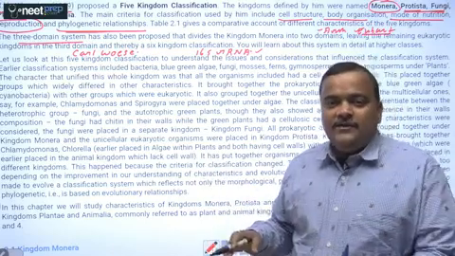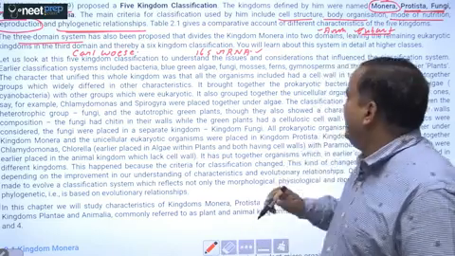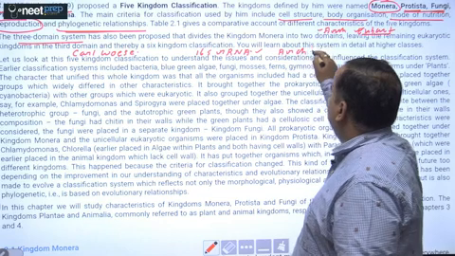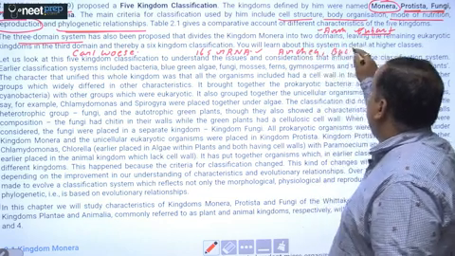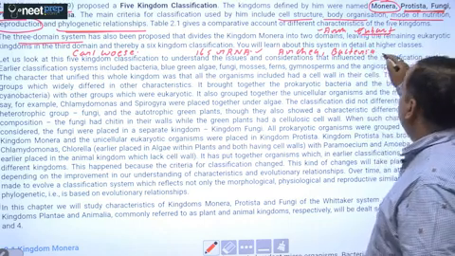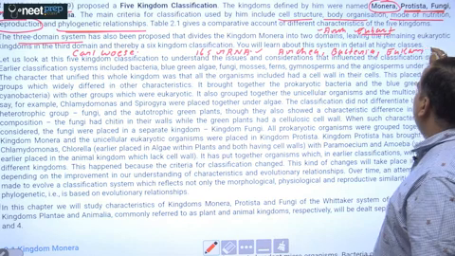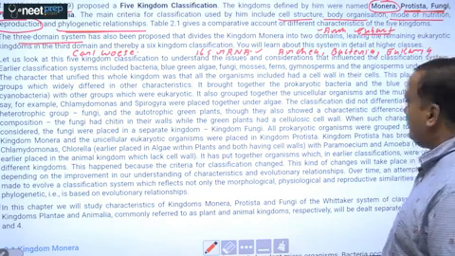That means there are three different domains on the basis of 16S rRNA sequence, and these domains are Archaea, which includes Archaebacteria, then Bacteria, which includes Eubacteria, and then Eukarya, which includes all the eukaryotic kingdoms.